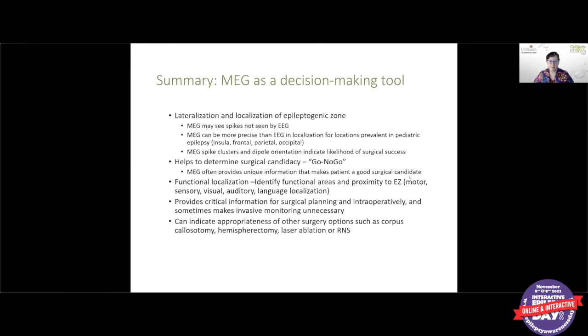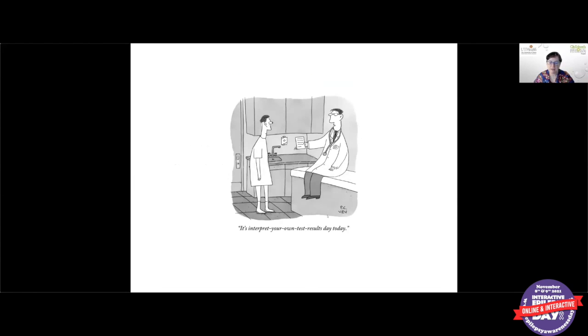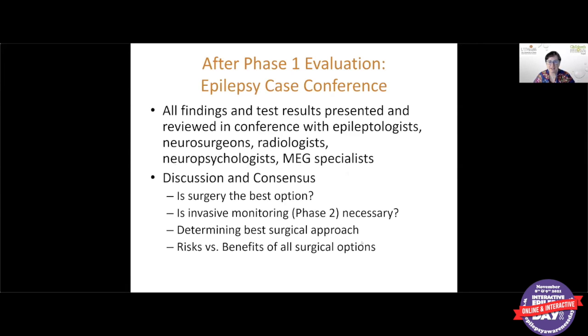So MEG can help with decision making and decide whether someone might be a surgical candidate or not, along with all the other tests that we do in the phase 1 evaluation. And the good news is, don't worry, we're not going to ask you to interpret your own test like this cartoon, but we do something called an Epilepsy Case Conference.